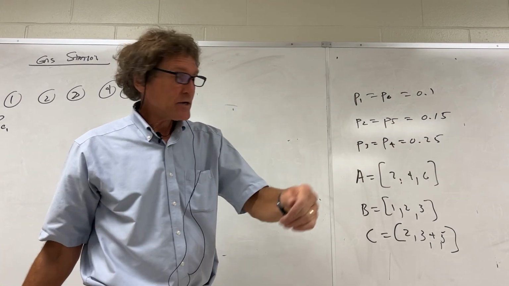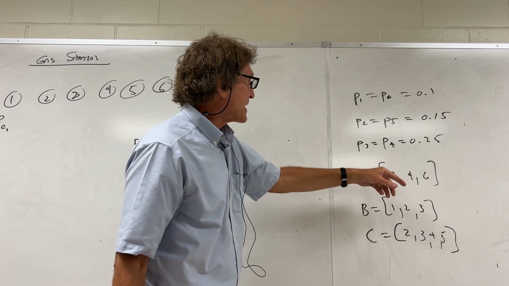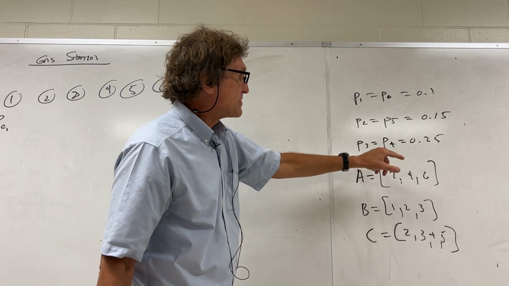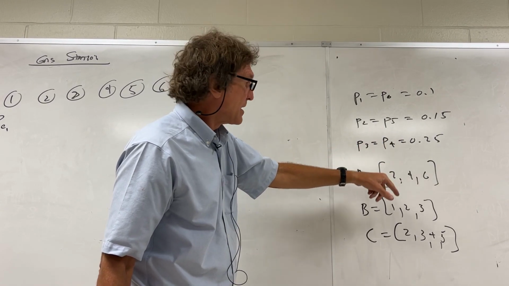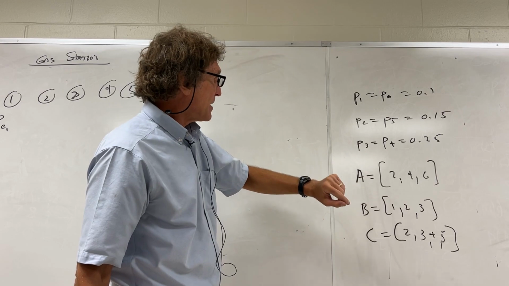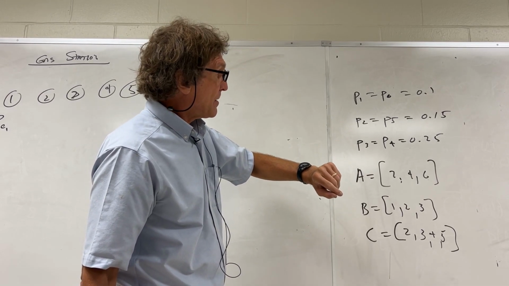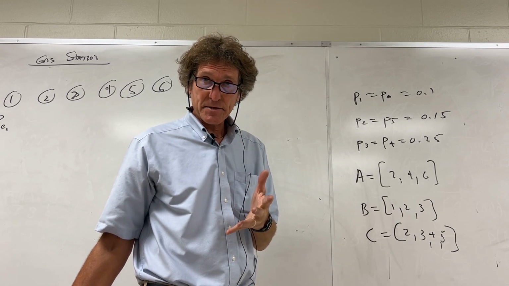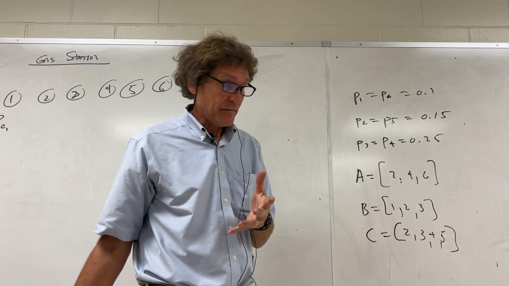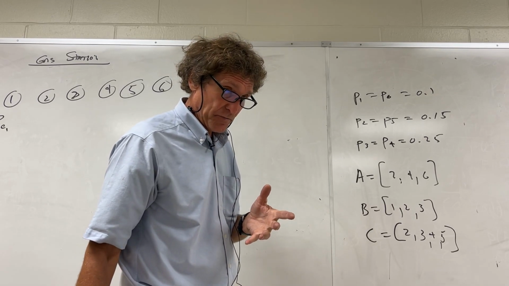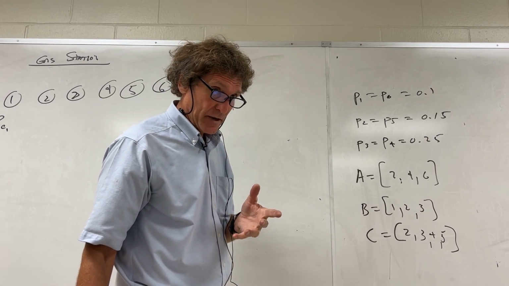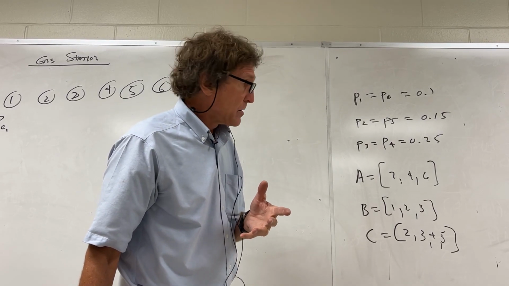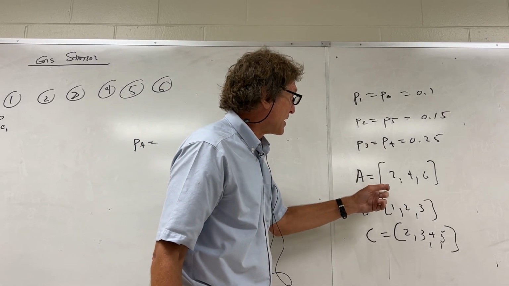So for 2, 4, and 6, here's 2, so it's 0.15. 4 is 0.25, so that's 0.4, and then 6 is 0.1, so it's 0.5. It's just adding them all up. The probability of A is 0.5.